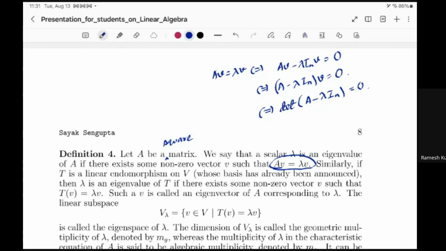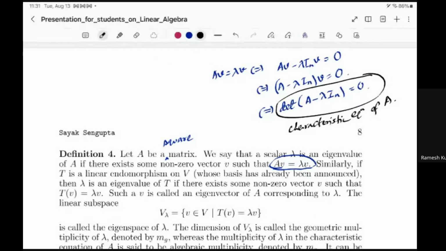So this is what is known as the characteristic equation of A. And we have the celebrated theorem by Cayley-Hamilton that every matrix A satisfies its characteristic equation.